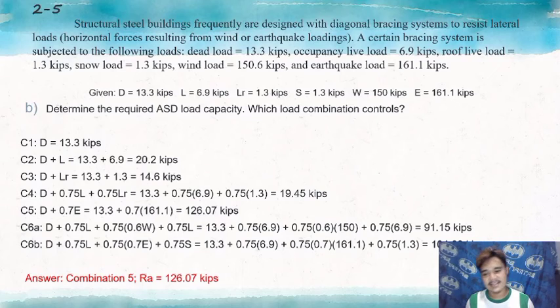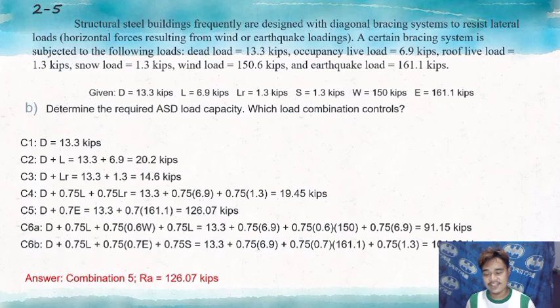is equal to 126.07 kilopascals. Our combination 6A, which is D plus 0.75L plus 0.75 times 0.6W plus 0.75S is equal to 91.15 kilopascals.